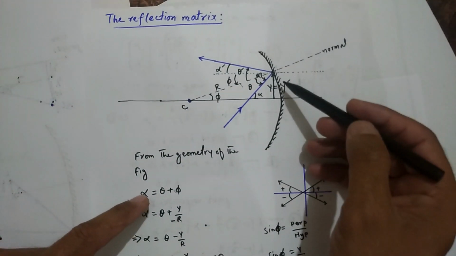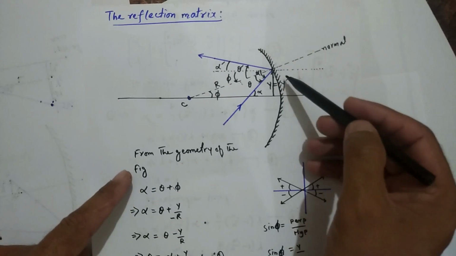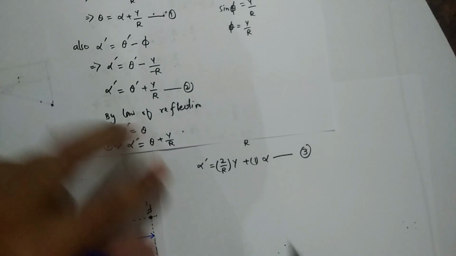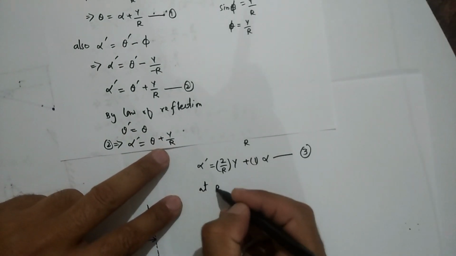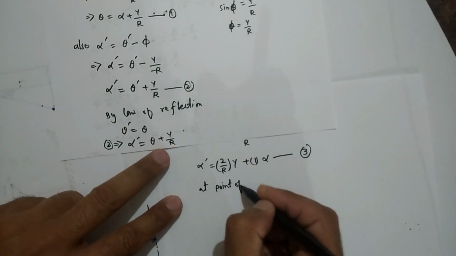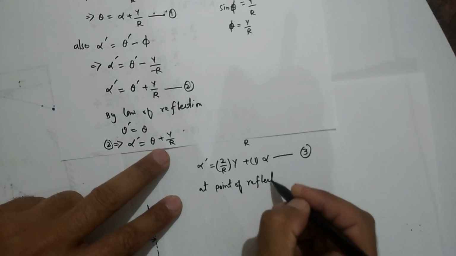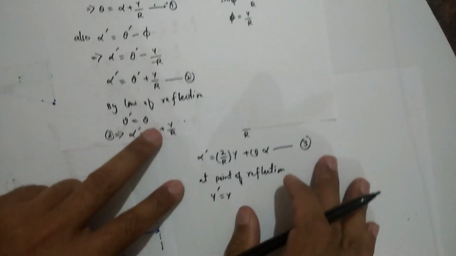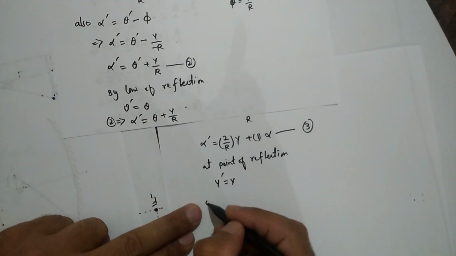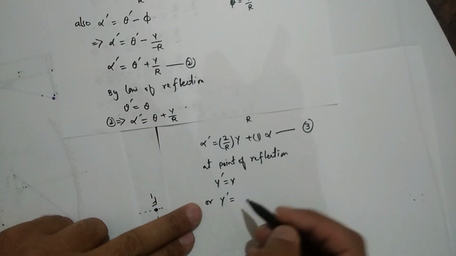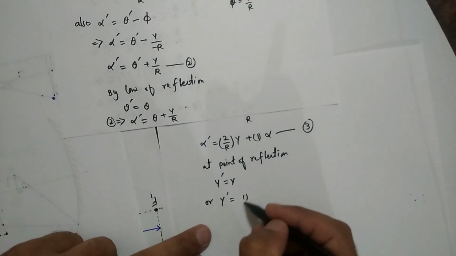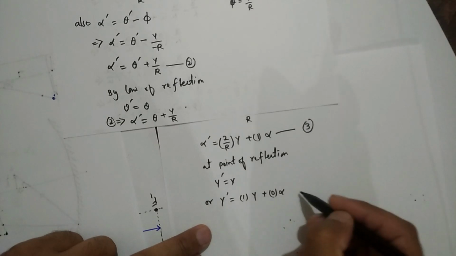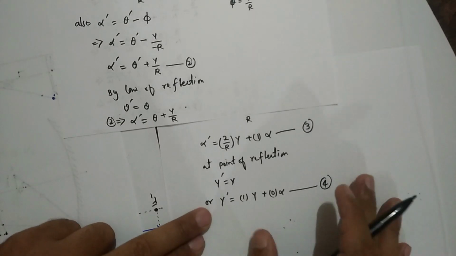And y prime, which is the final coordinate at the point of reflection, you see that y prime is equal to y. At the point of reflection y prime is the same as y, or we can also write it as y prime is equal to 1 y plus 0 alpha. This is 4.